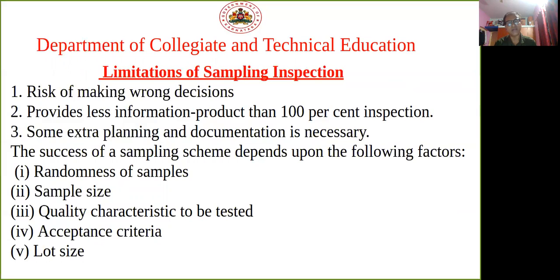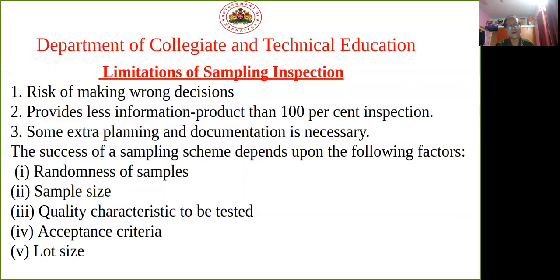When I have selected 5 items, and if there are more defective, then the consumer is going to reject the lot, only by inspecting the 5 items. But suppose the 95 items in the box are good, then it is a wrong decision.